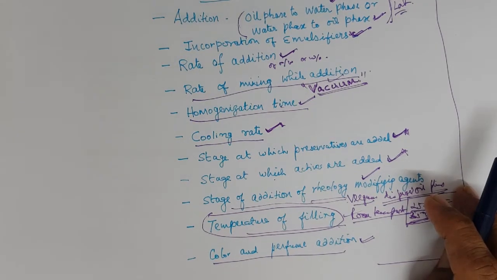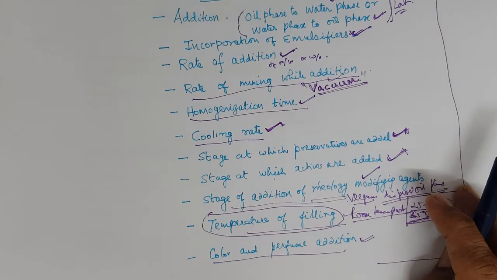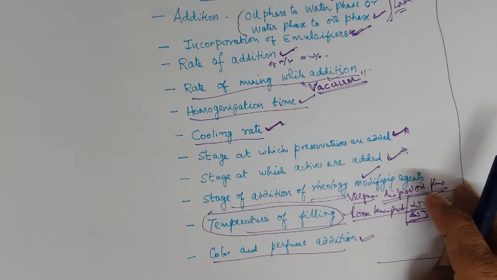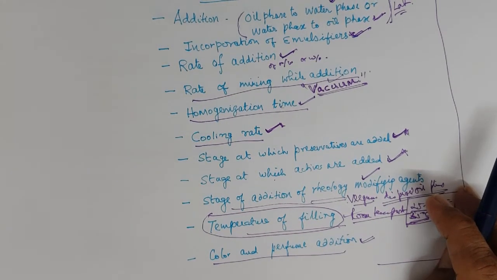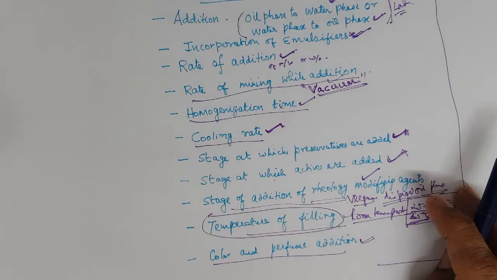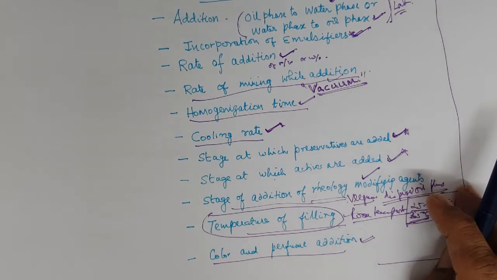Rheology modifiers like carbopol, carbomers, you add after forming the emulsion at a little higher temperature, before cooling. After homogenization, before cooling, you add the neutralizer, because if you add it in the water phase itself, it can thicken the water phase and affect the emulsification process, right?